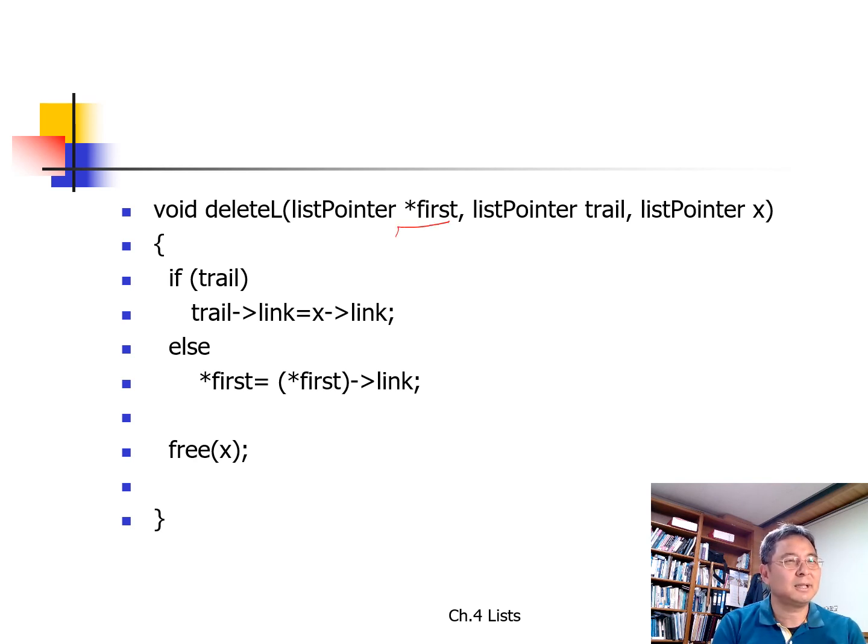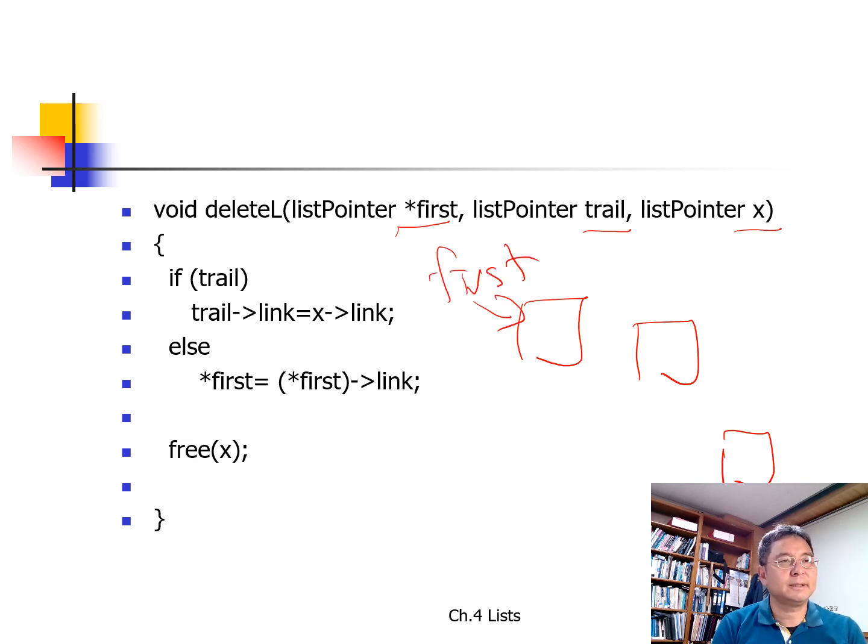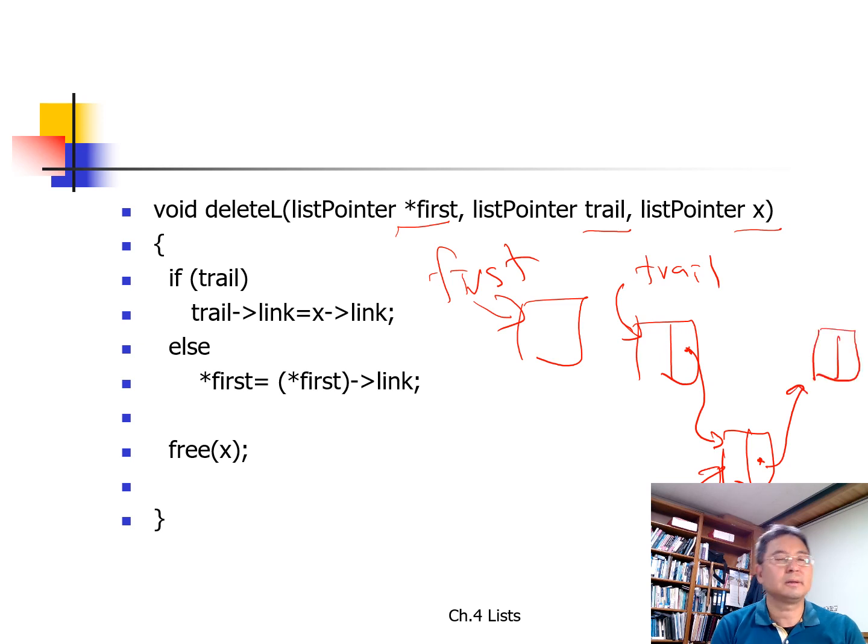And the delete function implementation. Also, it has the first element and the trail and the pointer X. So that means there is one linked list. First one is first, and this node is the trail node, and this node is X. Originally this one is pointing here, and this also has a next element here.